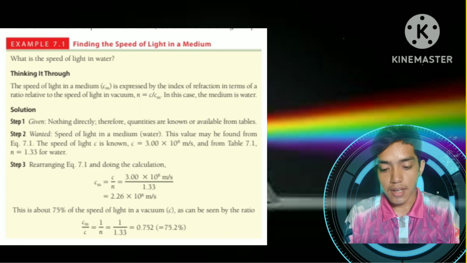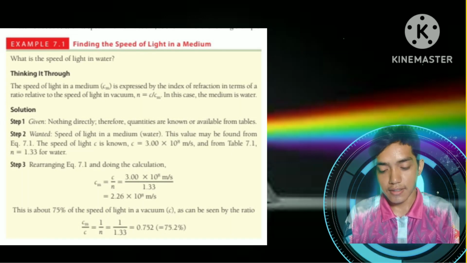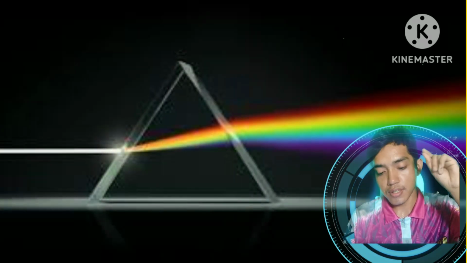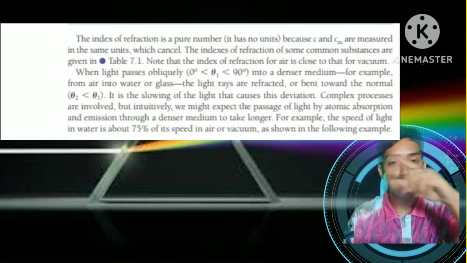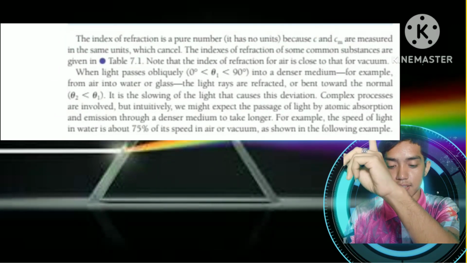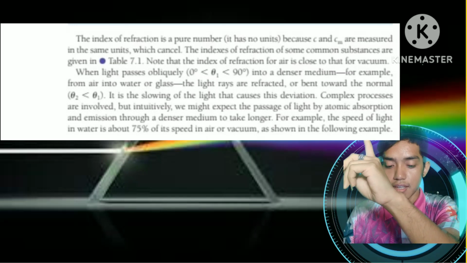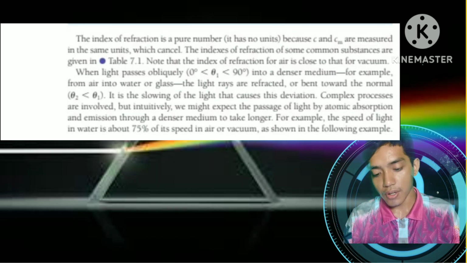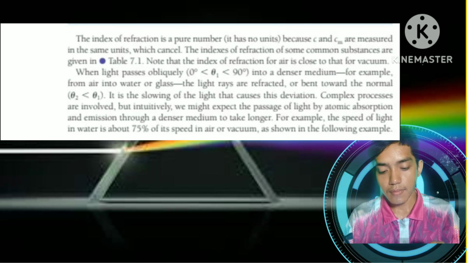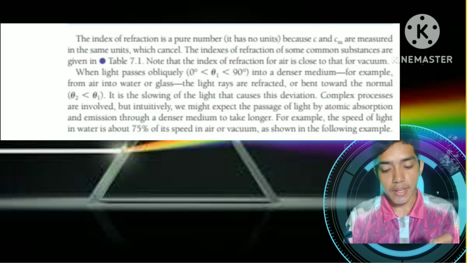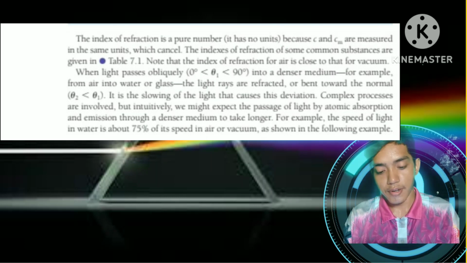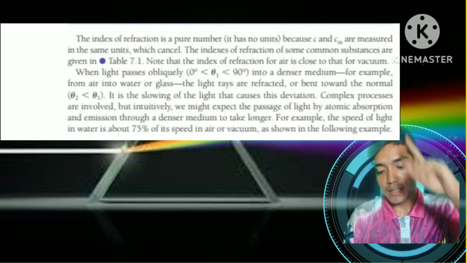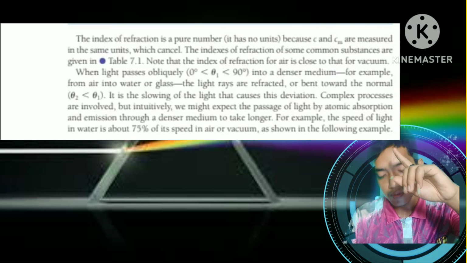When light passes obliquely into a denser medium, for example from air into water or glass, light rays are refracted, or bent, toward the normal.